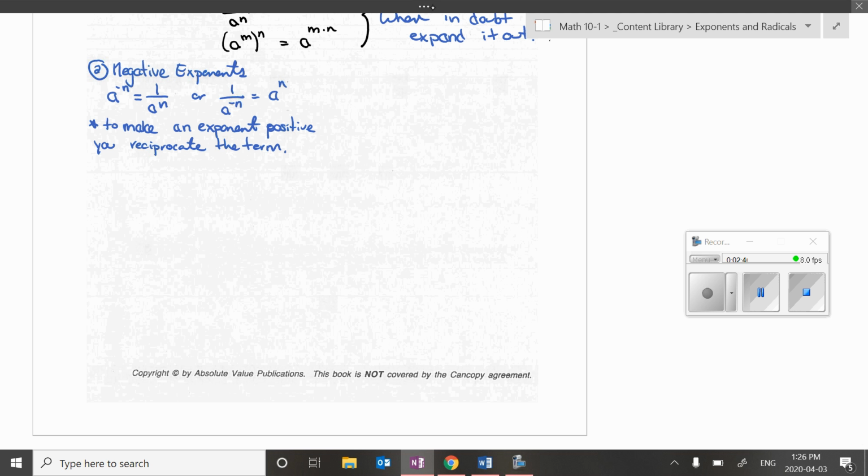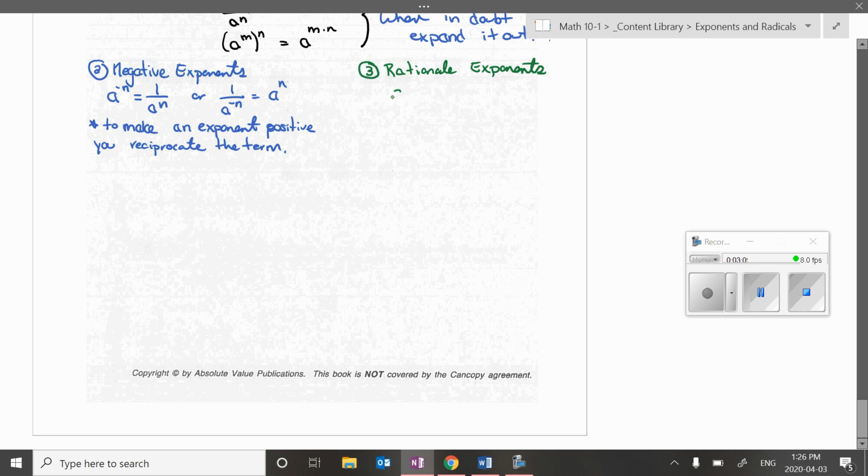The last thing we talked about are rational exponents, or fractional exponents. Now these seem scary. They're not too bad. We're going to get into them more and more later on, especially in our next unit.